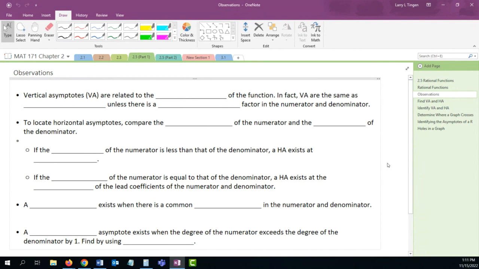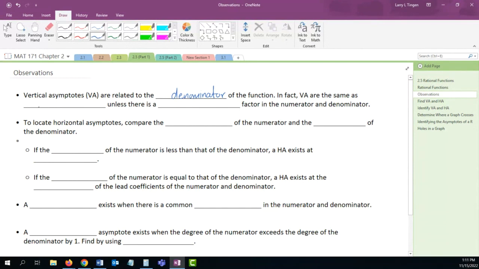Up until this point, just based on the few examples that we've done, we know that vertical asymptotes are related to the denominator, because the vertical asymptotes are the same as the solutions to the factors in the denominator, unless there is an equal factor in the numerator and denominator.